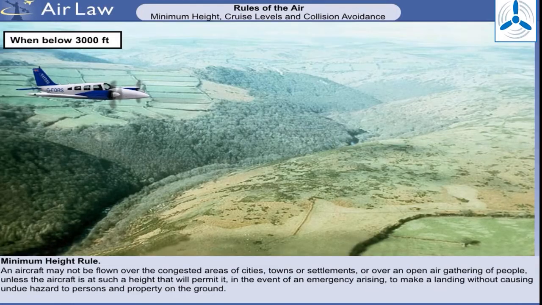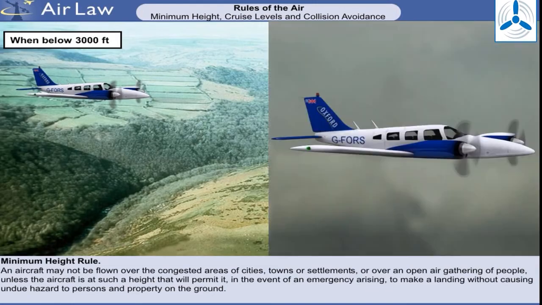This general minimum height rule should not be confused with the minimum specified height rules applied to IFR or VFR flight. You have learnt about minimum heights for VFR and IFR flight in the previous two lessons. But because aircraft are always flying in accordance with either the instrument flight rules or the visual flight rules, you may ask yourself how you reconcile those rules with the general minimum height rule just quoted.